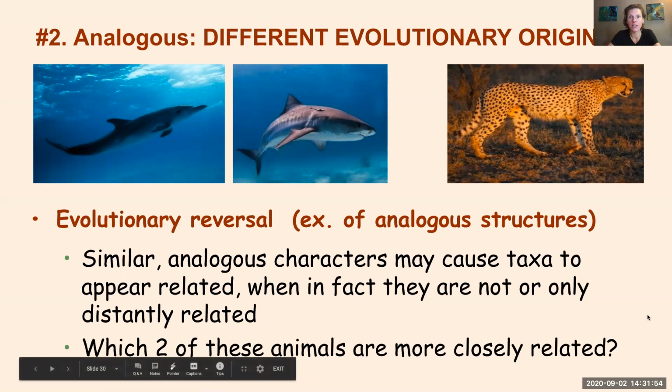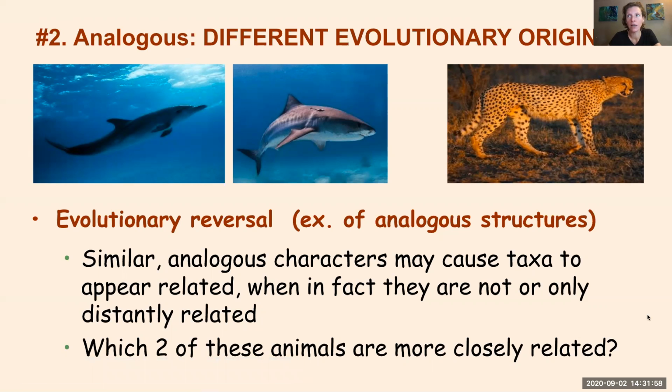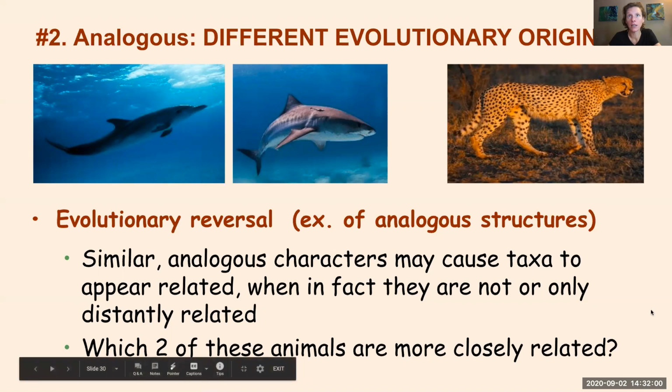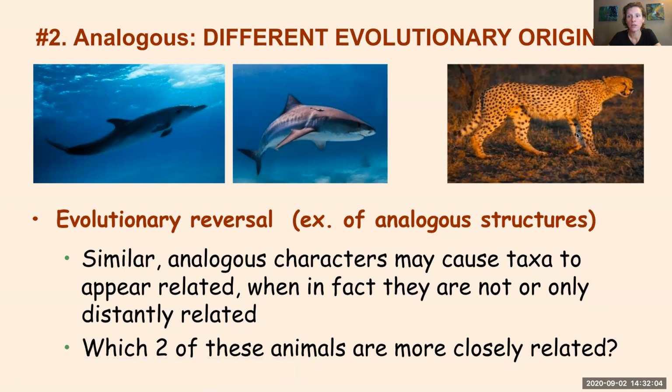So which two of these animals are more closely related? Shark, dolphin, cheetah. So it turns out the dolphin and the cheetah are both mammals, so they both give live birth and produce milk.